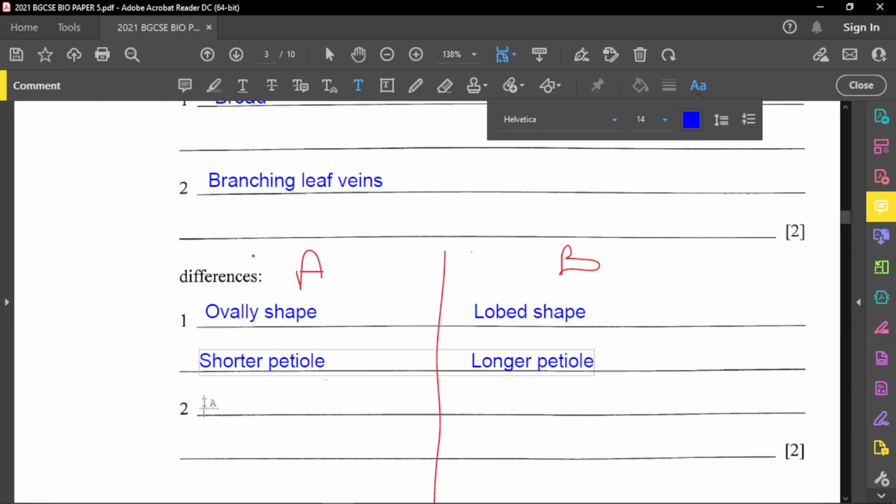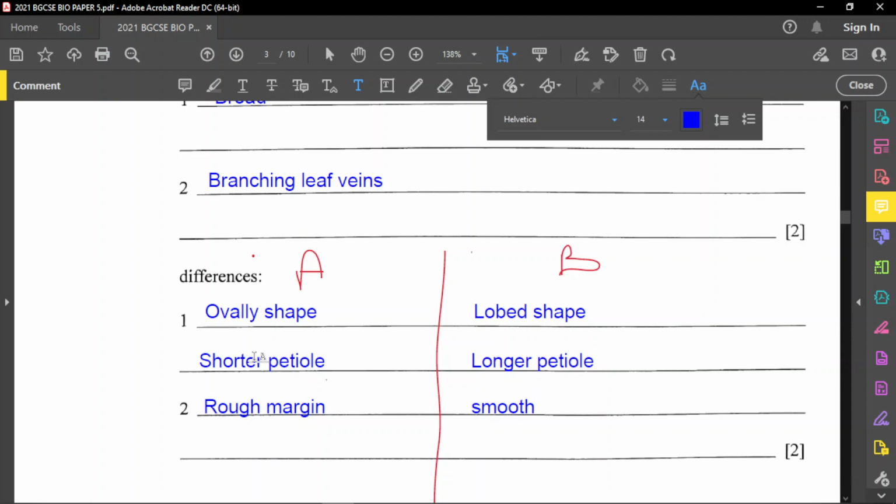The next difference is that leaf A has a rough margin. So the margin is rough, while leaf B has a more smooth margin, or relatively smooth.